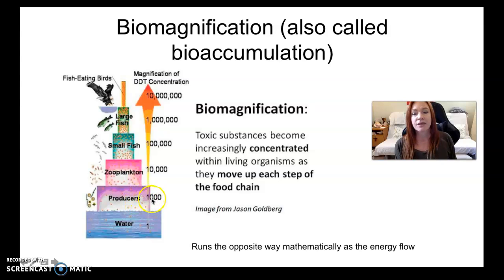That 1,000 units, as each level is eaten, by the time we get up to the apex predator, there is 10 million units concentrated in that apex predator's tissues. And that's generally enough to kill them, which is why we are also seeing far fewer apex predators than should be there. Still the 10% rule, just opposite and bad.